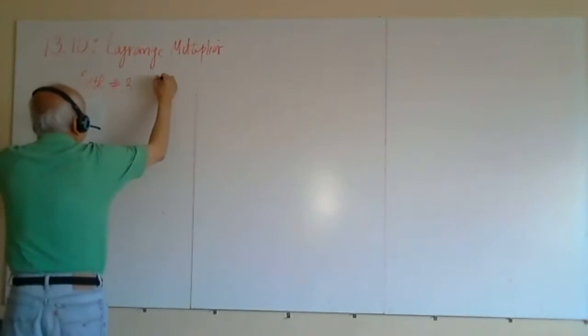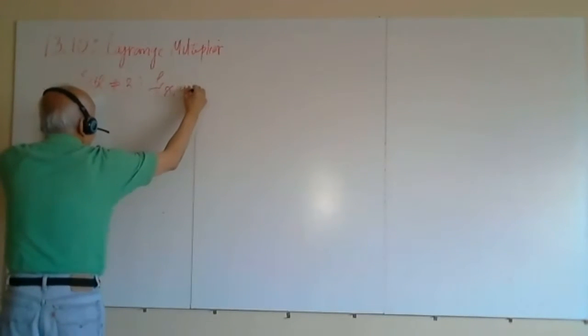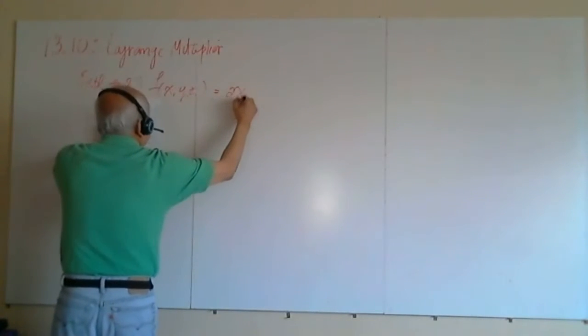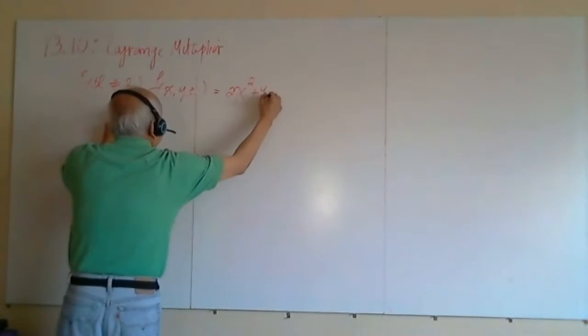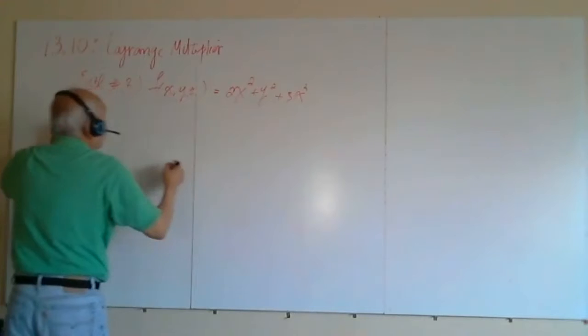You are given a multivariable function f of x, y, z equal to 2x squared plus y squared plus 3z squared. And what is the constraint?